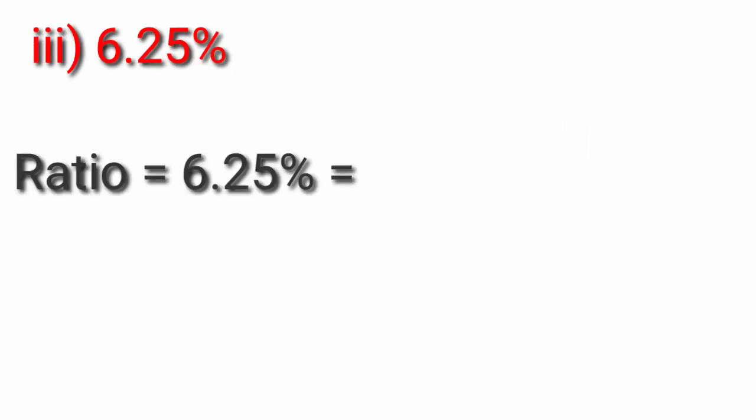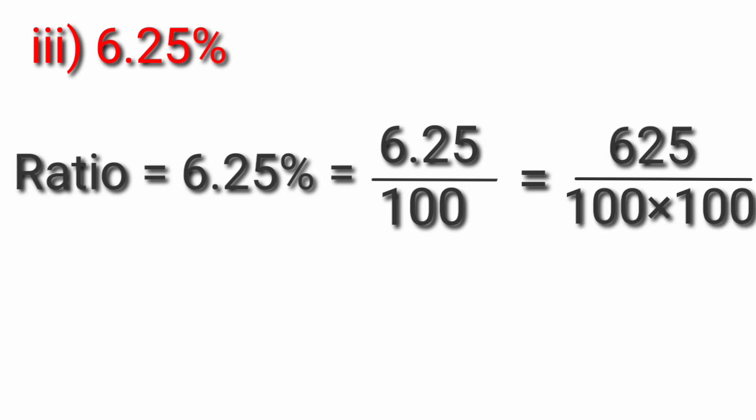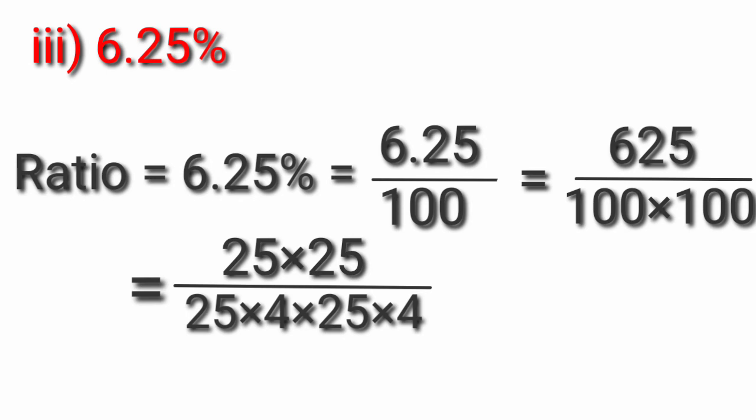Third, 6.25%. Percent means divided by 100. So it's equal to 6.25 upon 100, which is 625 upon 100 multiplied by 100. 625 means 25 multiplied by 25.